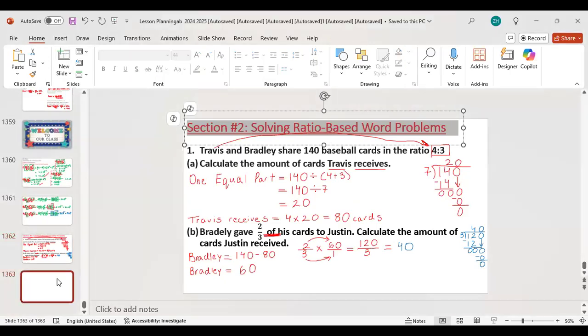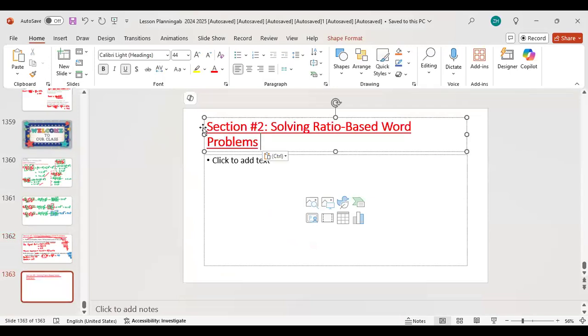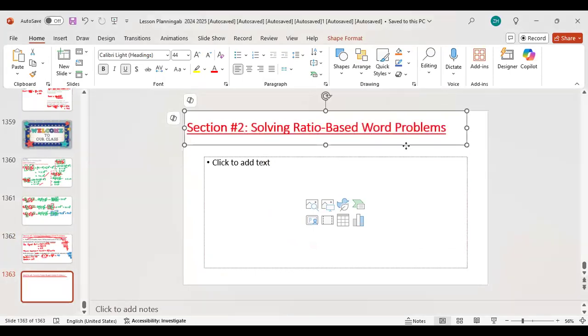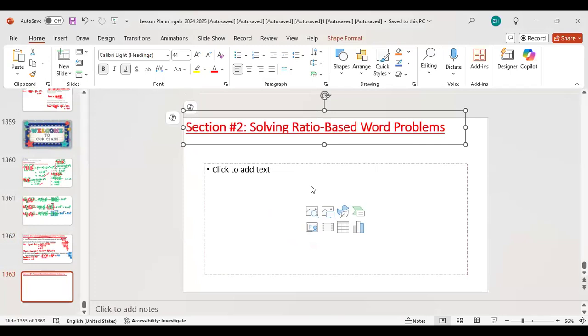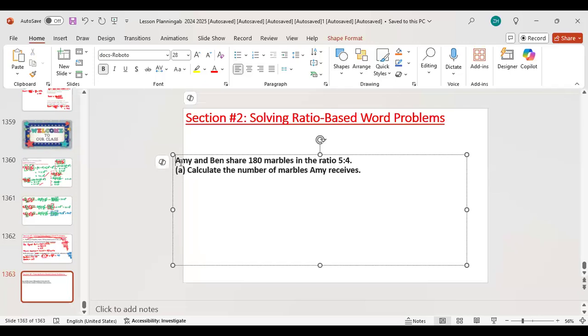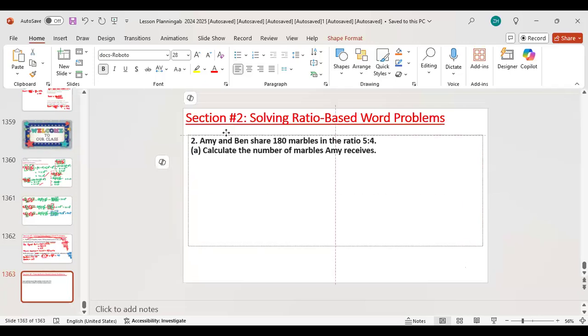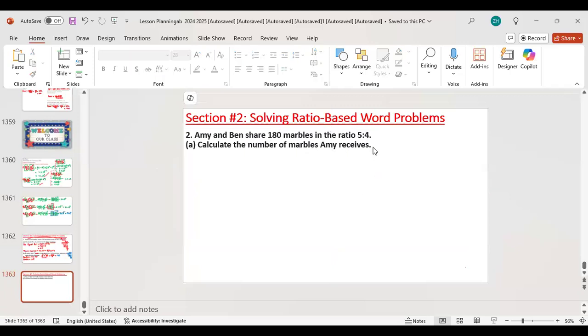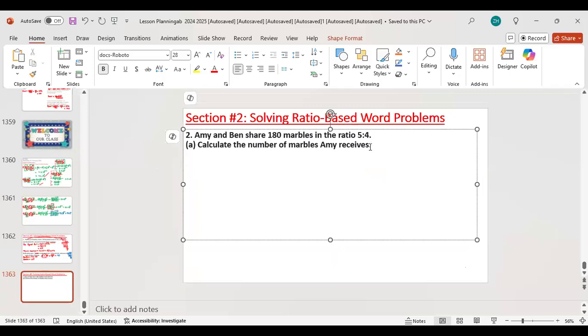Let me go ahead and do this. Section 2. All right, the second question, actually. Amy and Ben share 180 marbles in the ratio 5:4. Calculate the number of marbles Amy receives.